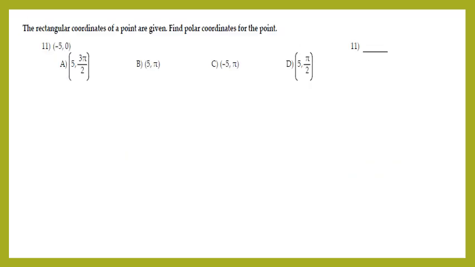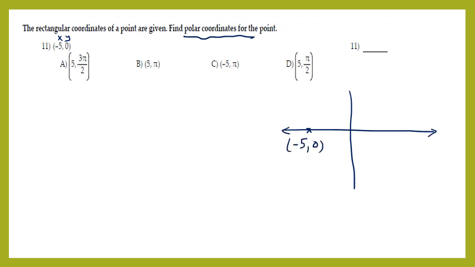Now, instead of finding the rectangular coordinates of a point, find the polar. The given here is x and y. If I draw the x-axis and the y-axis for this point, I will notice that this point is negative 5 and 0, so this point is on the x-axis.